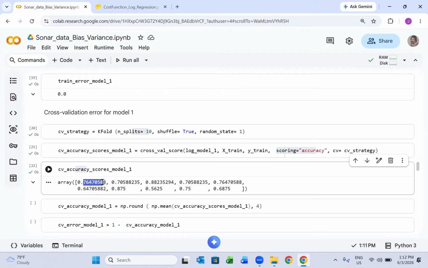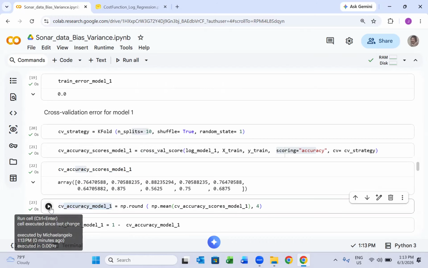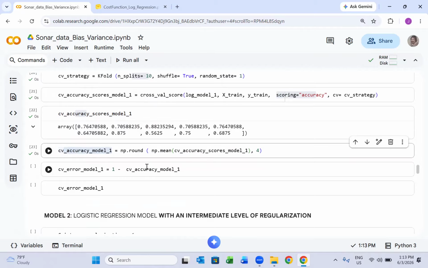So to come up with the final cross-validation value, we need to get the mean of these 10 values, right? That's what I'm doing next. So I'm getting the mean for these 10 values, and that would be the cross-validation accuracy for model number one, okay? And once we get the accuracy, we can get the error by saying 1 minus the accuracy, okay?